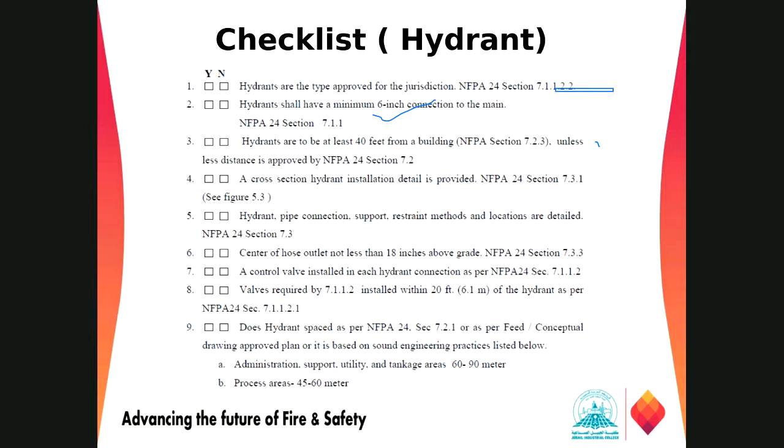The cross section of the fire hydrant shall be provided in the drawings. Piping supports and all those locations should be dealt with inside the drawings, so we have to look for that. The top of the hose outlet shall be at least 18 inch above the grade. We'll go to that on the next page, right? And between the hydrant and the underground loop, suppose this is our underground loop, and from that we are taking a connection to one fire hydrant, right?